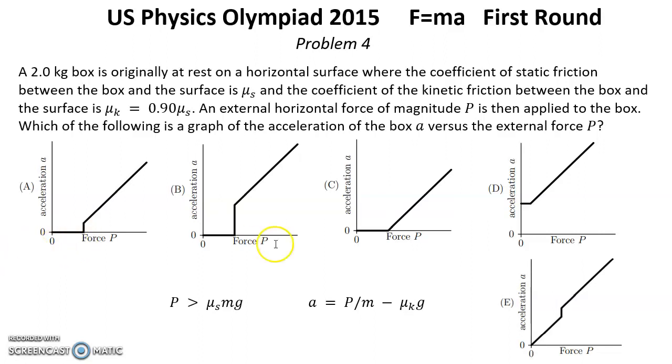So D and E are not correct because of this. B is not correct because acceleration is not proportional to force, it's shifted down. And it's not C because it has to be discontinuous at this point. So only A is the correct answer.